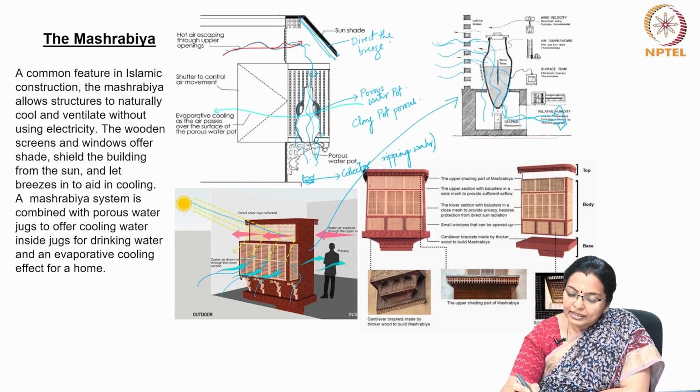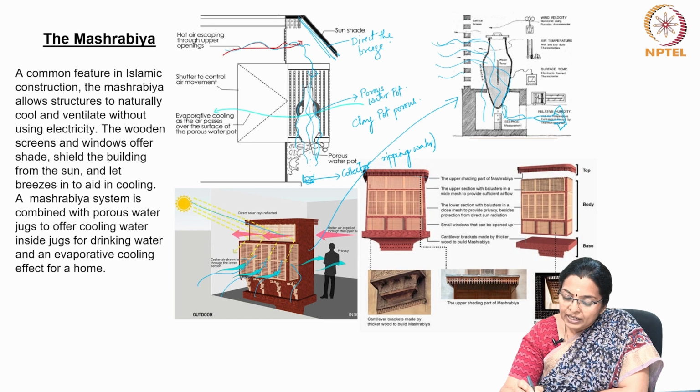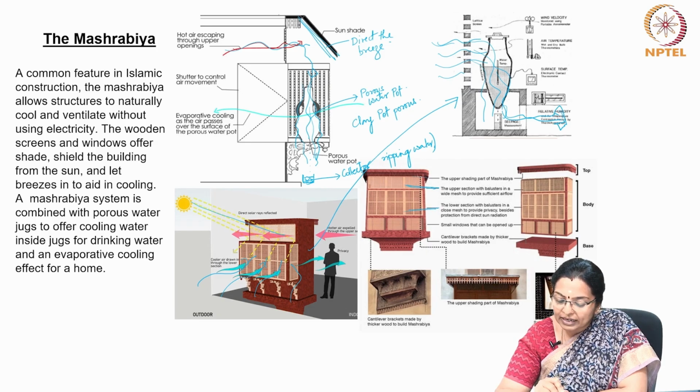There is an upper shading part for the mashrabia. The upper section with balustrade is a wide mesh to provide sufficient airflow. The lower section with balusters on the closed mesh provides privacy and protects from the direct sun.